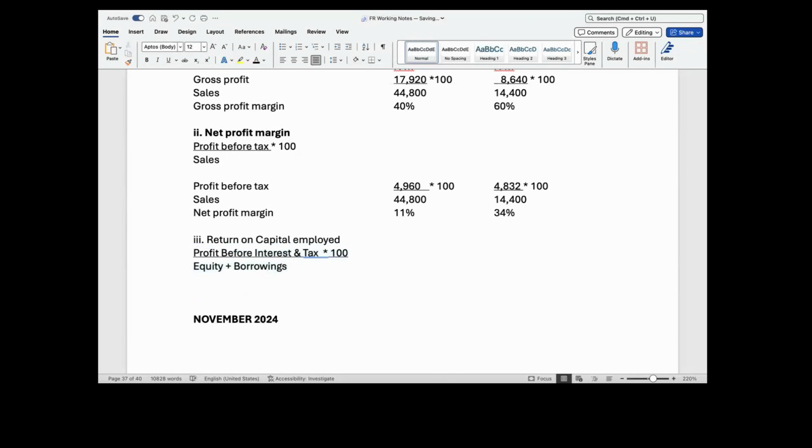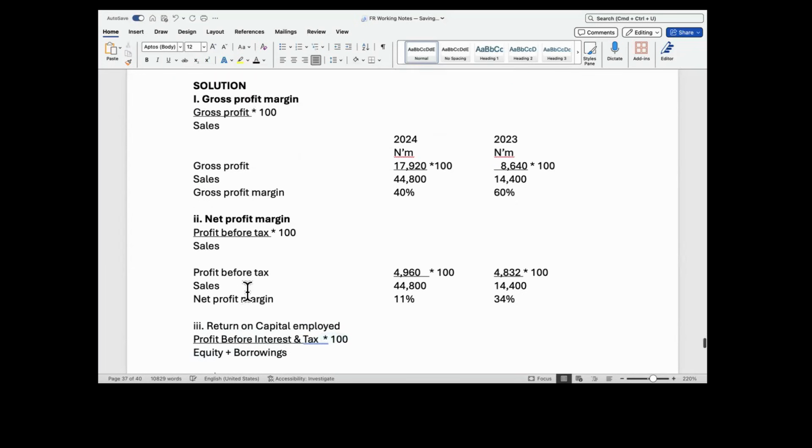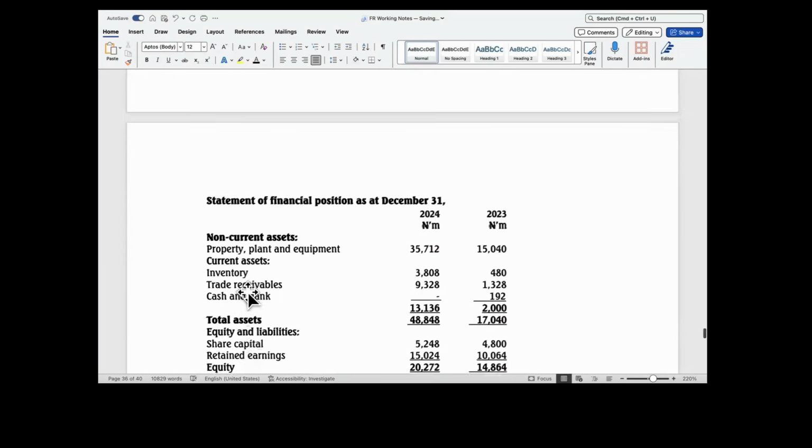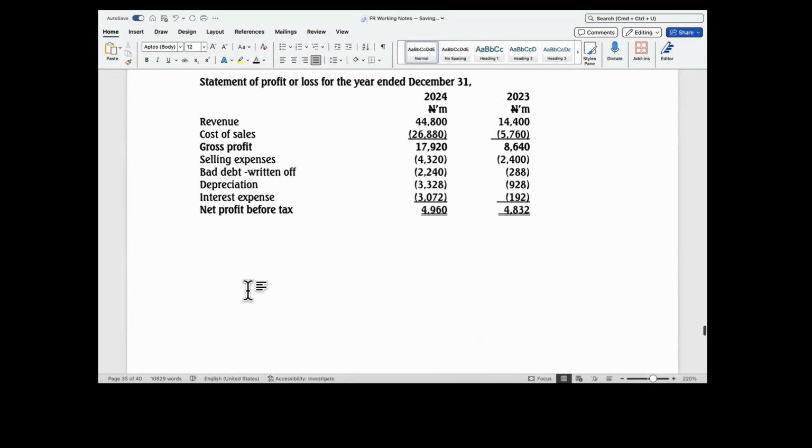The examiner is actually waiting for you to make that mistake, so please don't fall in his trap. Make sure you use PBIT as your profits if they give you capital employed. So what's our PBIT in this case?